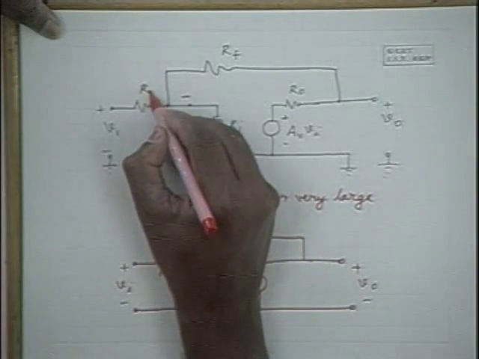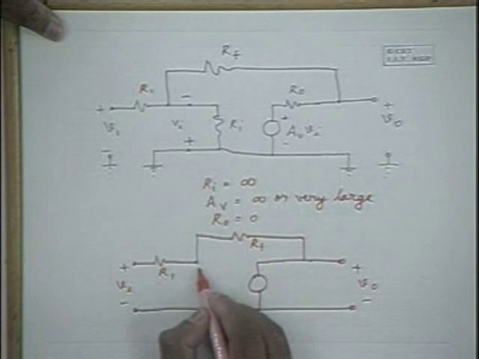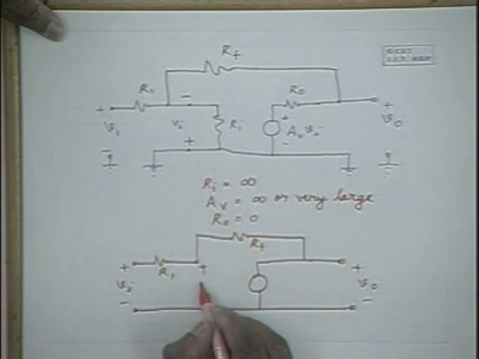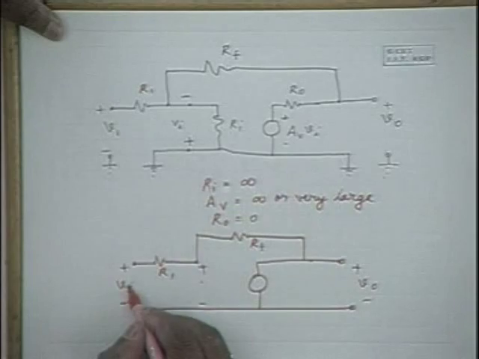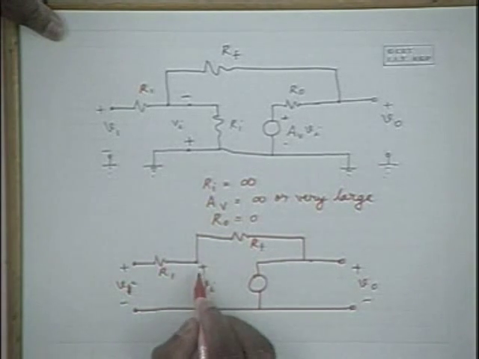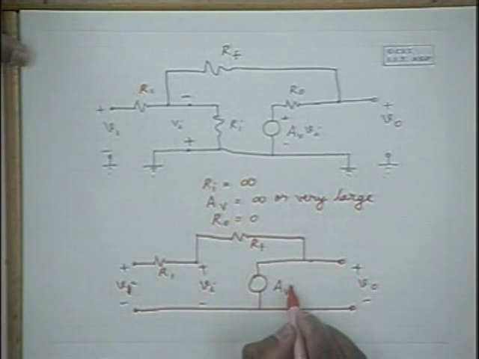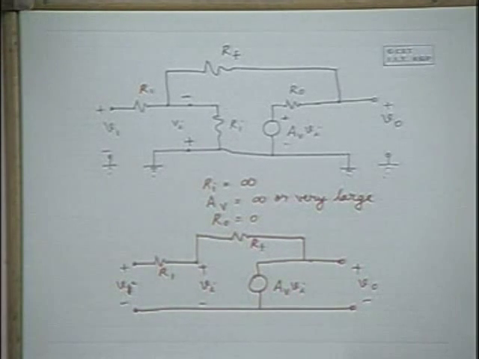Let the equivalent input resistance be R1, and this is RF, and this is the input voltage V1. This is the input voltage to the amplifier, and this source is equal to AV times Vi.